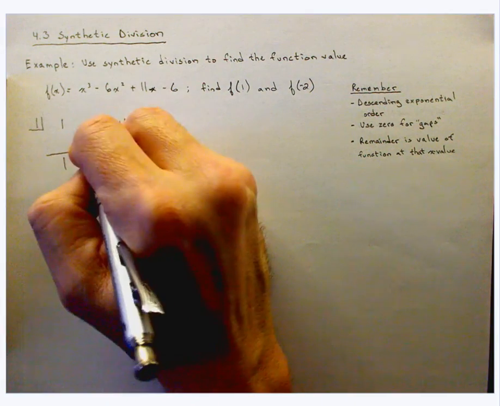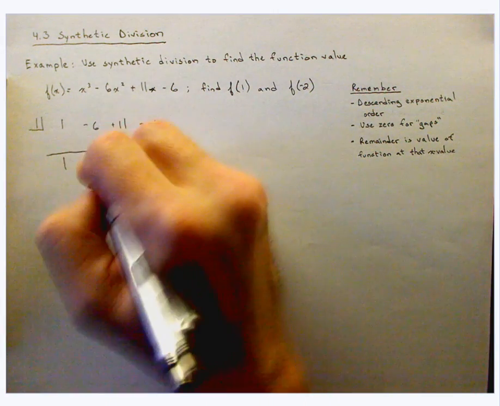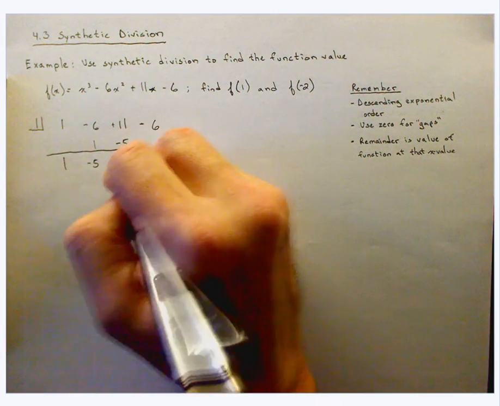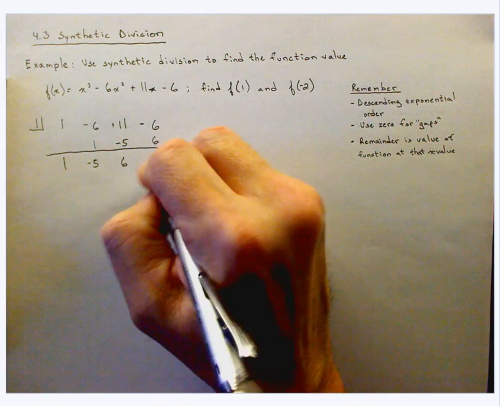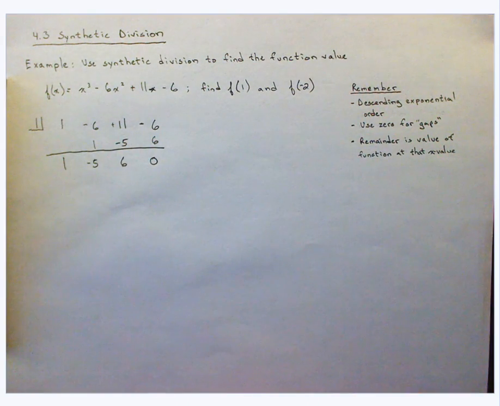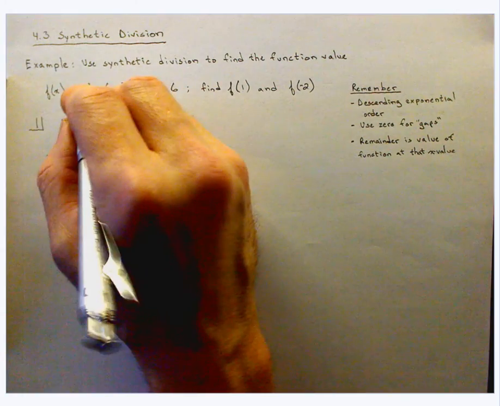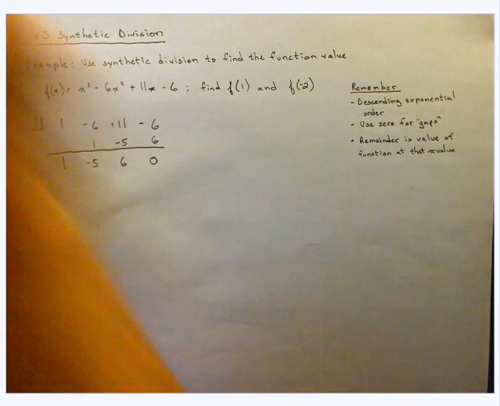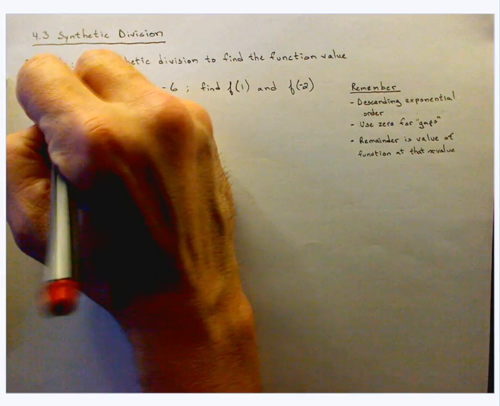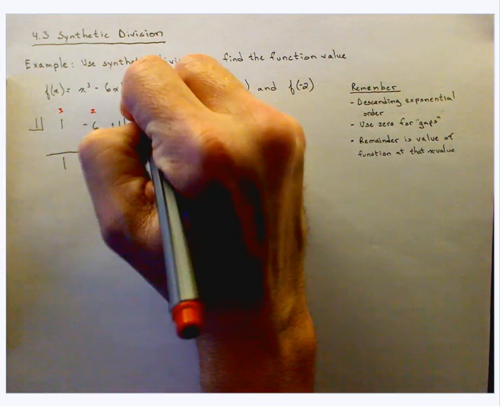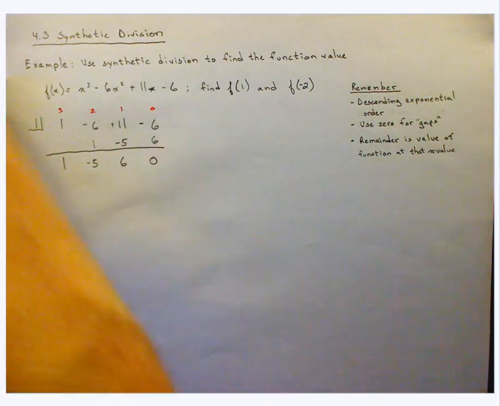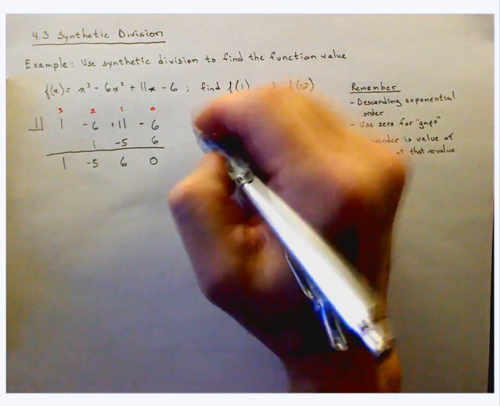So 1 times 1 is 1. 1 times a negative 5 is a negative 5. 1 times 6 is 6. Again, I'm sorry, I should write my powers up here. I'll write them in red. This was 3, 2, 1, 0. So my answer is, I'm going to start with x squared.